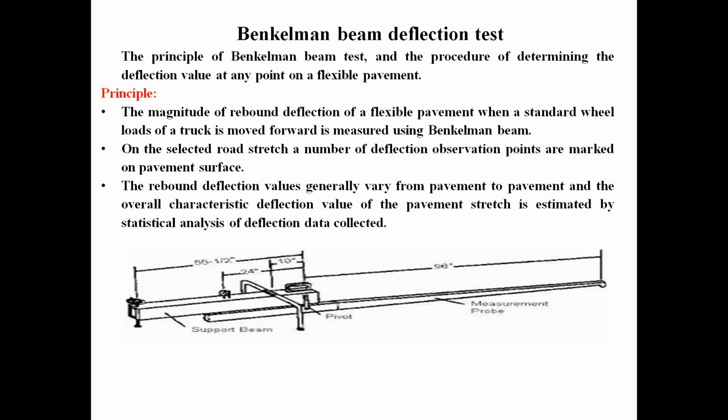On the selected road stretch, a number of deflection observation points are marked on the pavement surface. The rebound deflection values generally vary from point to point, and the overall characteristic deflection value of the pavement stretch is estimated by statistical analysis of the deflection data collected. So this is the principle of the Benkelman beam deflection test.